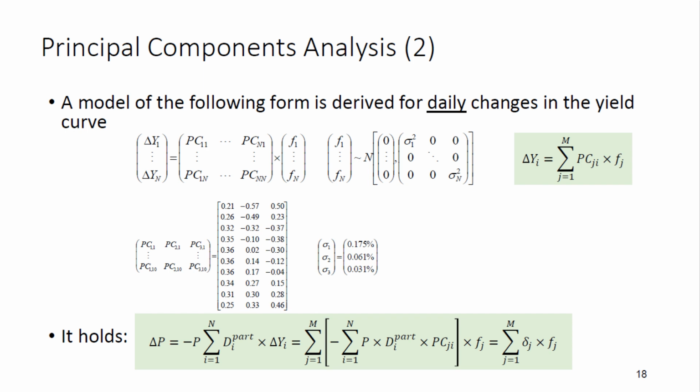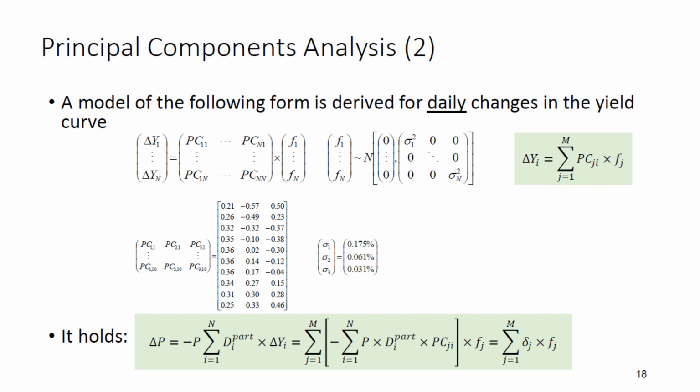yield i. So for example, that's the yield with the time to maturity of 1 year. And I want to understand how that 1 year yield would change according to this model. I simply multiply the factors times the row in the principal components matrix.